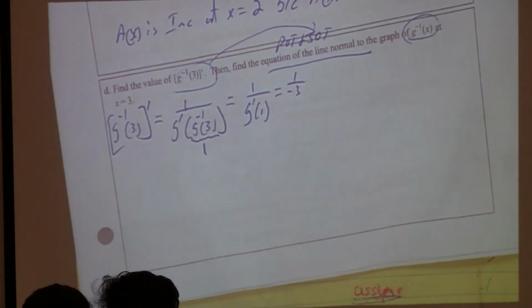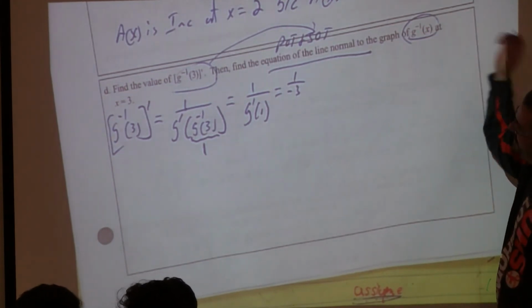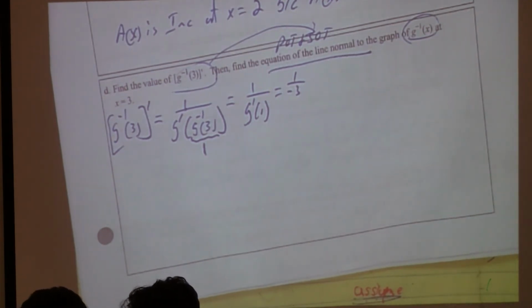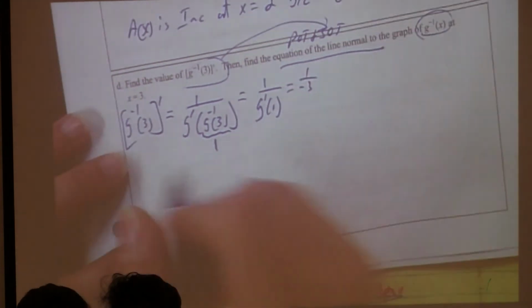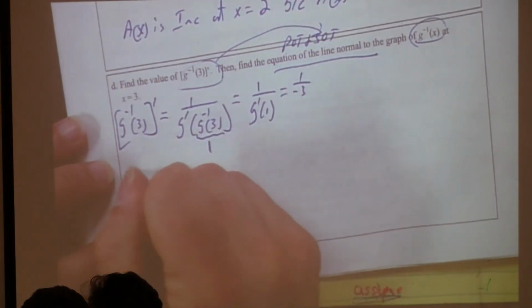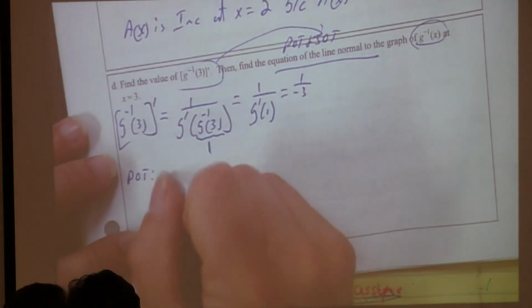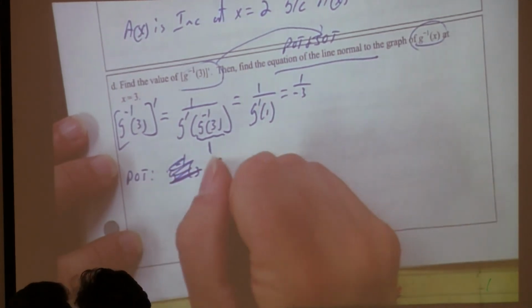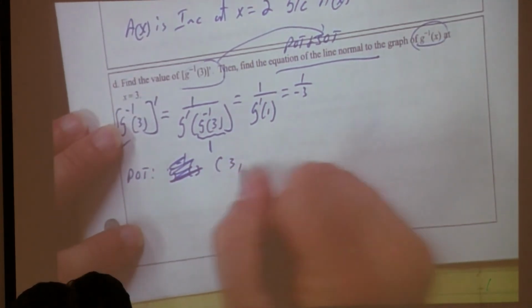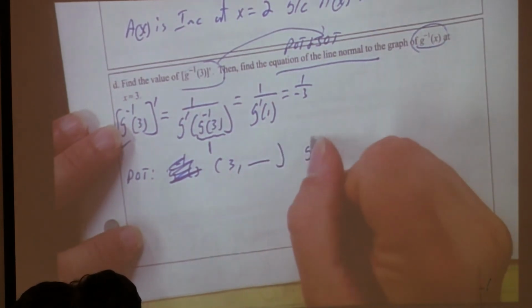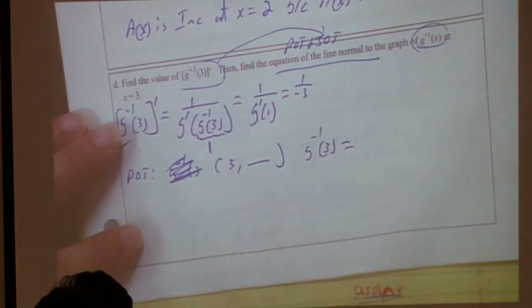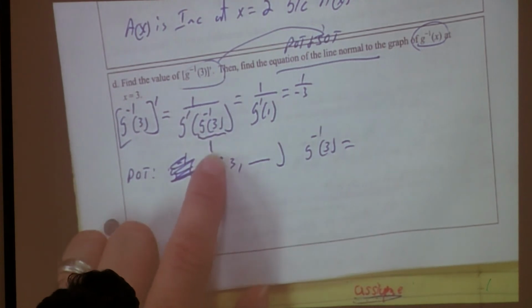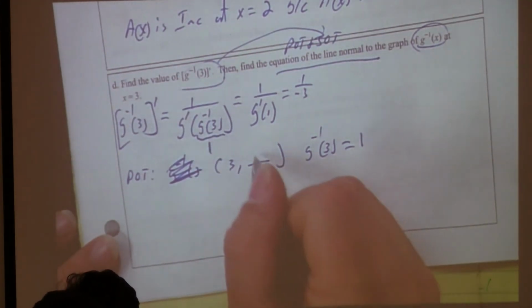So it becomes negative 1/3. And that's really our slope for this one, but I'm going to need the point, right? So we need g inverse of 3. We want 3 comma the y, which is going to be g inverse of 3. What was g inverse of 3? 1. So we can replace this with a 1.